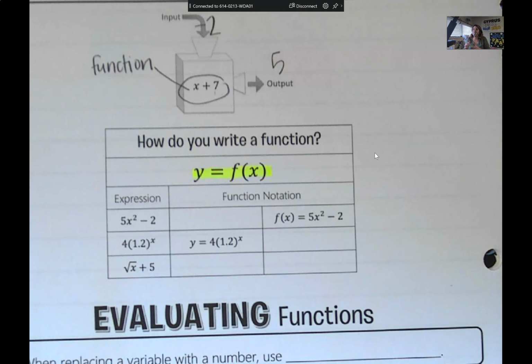So here on the left-hand side, they give you some expressions, and they want us to write them as a function. In this first little box, we could write this as y equals 5x squared minus 2, or we could write it as f of x equals 5x squared minus 2.